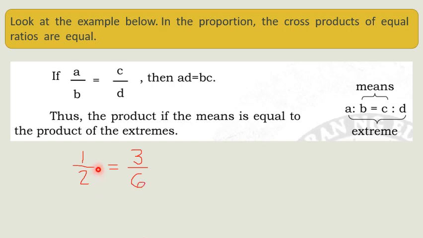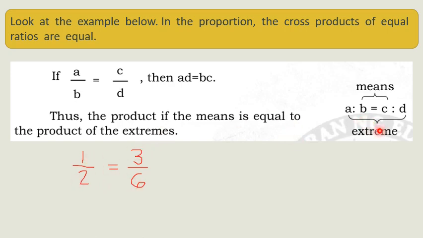Ito yung A at saka D natin, di ba? Pag pinag-multiply natin, 1 times 6 is 6. Dito naman sa kabila, 2 times 3 is 6. Ibig sabihin, they are proportion kasi ang cross product nila is equal.